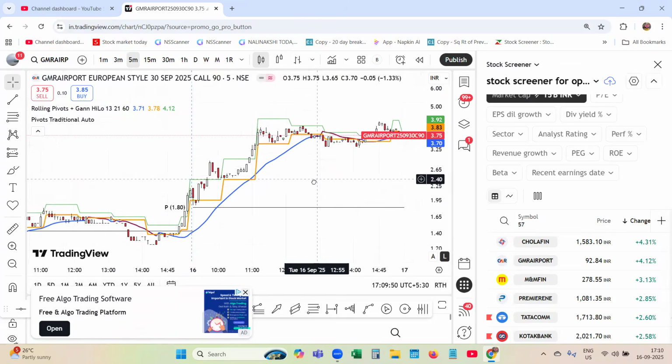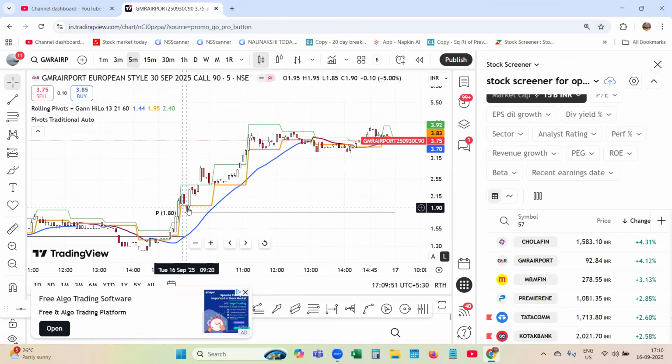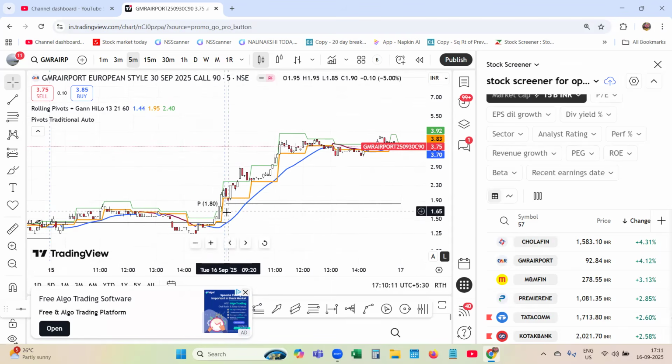Even the 90 call option, you could have entered so comfortably around 1 rupee 90 paise, and it rallied up to 3 rupees 80 paise. The lot size of this GMR Airport will be huge. You could have made very good money, and there will not be any hiccups. You will be comfortably trading and holding the position with this indicator.